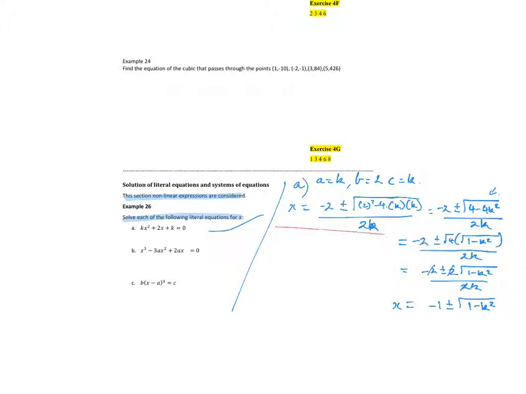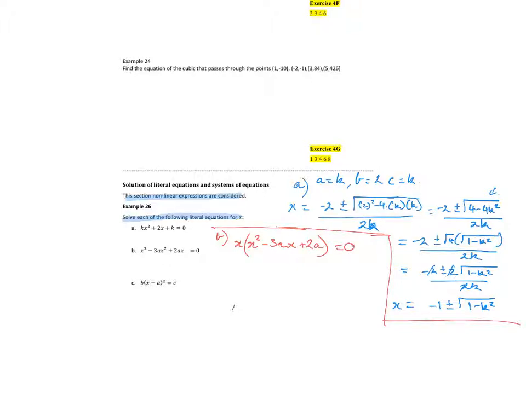Let's have a look at B. Let's rub out that line there, I think. This makes it a little bit messy. So B, we've got a quadratic, common factor of x there. So if I take x out the front, I've got x squared minus 3ax plus 2a is equal to 0.